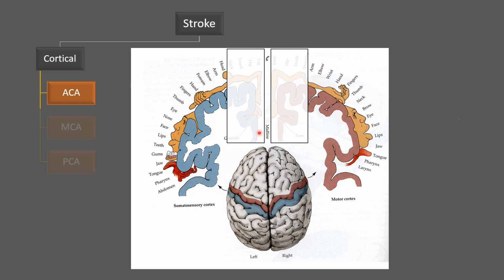Plus or minus the presence or absence of cortical signs. If any of the cortical signs is present, it will suggest ACA more, but absence of cortical signs does not rule out ACA syndrome or ACA infarction. One of the top differentials other than ACA will be cord compression.